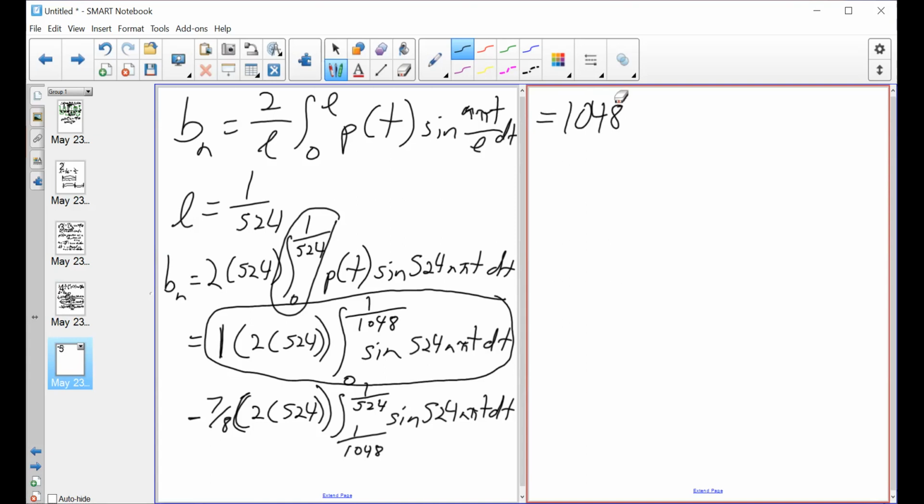And now, the integral of this particular kind of sine function is going to be a negative cosine. If you're familiar with that from your calculus classes, it's a particular form of negative cosine. So the integral of sine 524 n pi t looks like this.